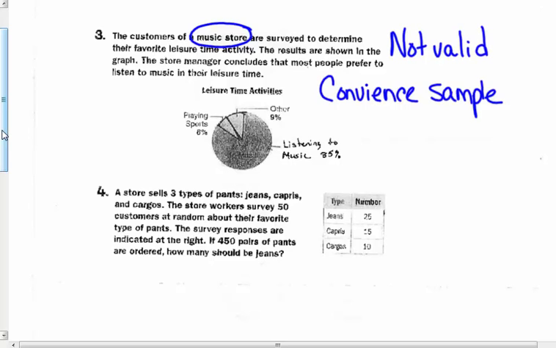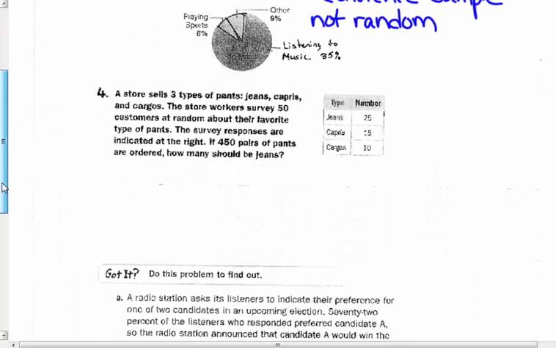It's a convenience sample. Even though 85% prefer it, it's more than likely, if you're in a music store, you like listening to music. So that's a non-valid or biased survey.